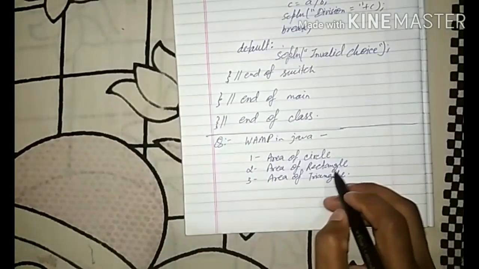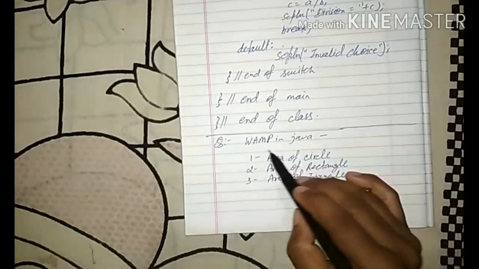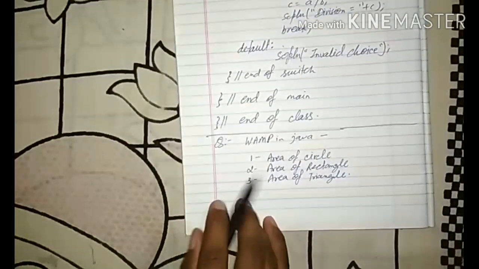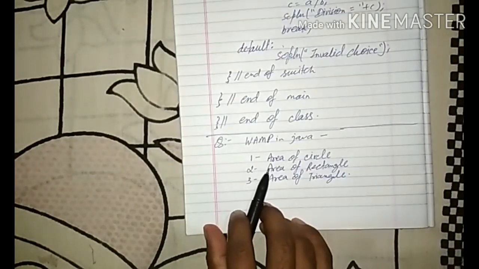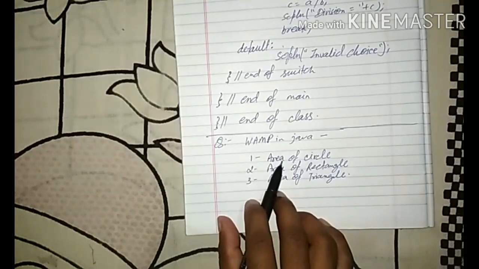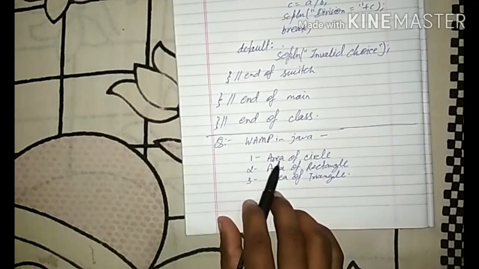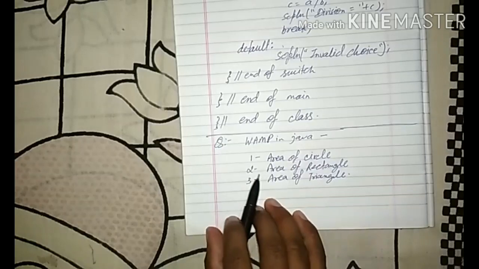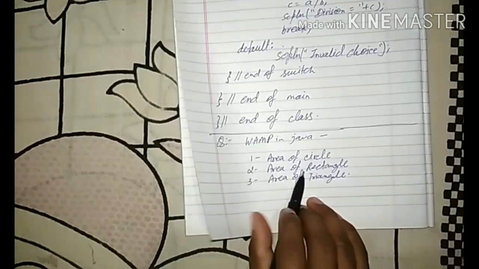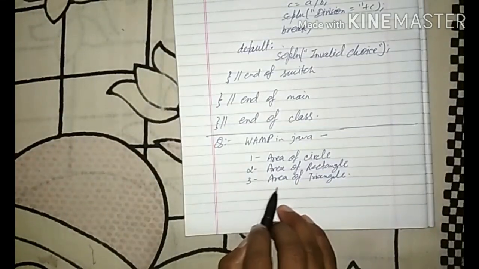This is what you have to do. You have to write a menu driven program. Your menus are 1 to calculate area of circle, 2 to calculate area of rectangle, and 3 to calculate area of triangle.